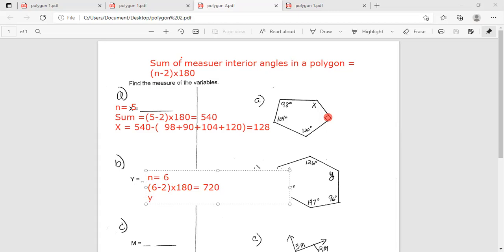After that, we are looking for the value of y, the same: 720 minus, and then we will open a parenthesis, 126 plus 96 plus 147 plus, what else do we have in this figure? 135 plus 101. Okay, then we will find the answer. It will be how many, grade 7?